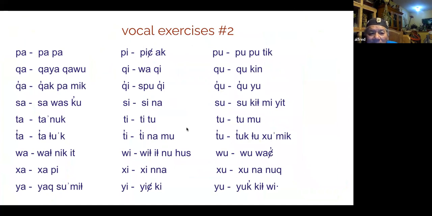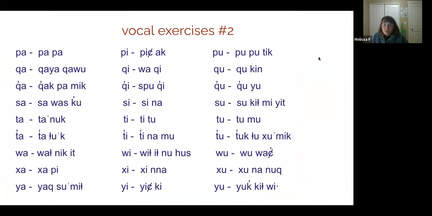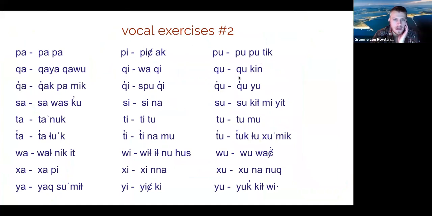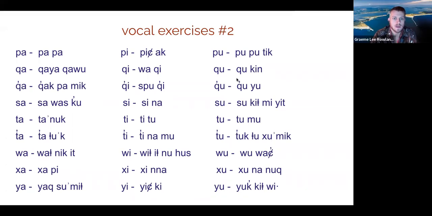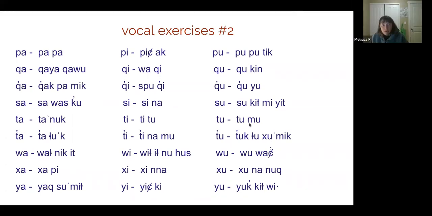So let's go. Papa, Pichak, Papa, Kaya kawu. Waki. Kukin. Kakpamik. Spuki. Toyo. Sawasku.